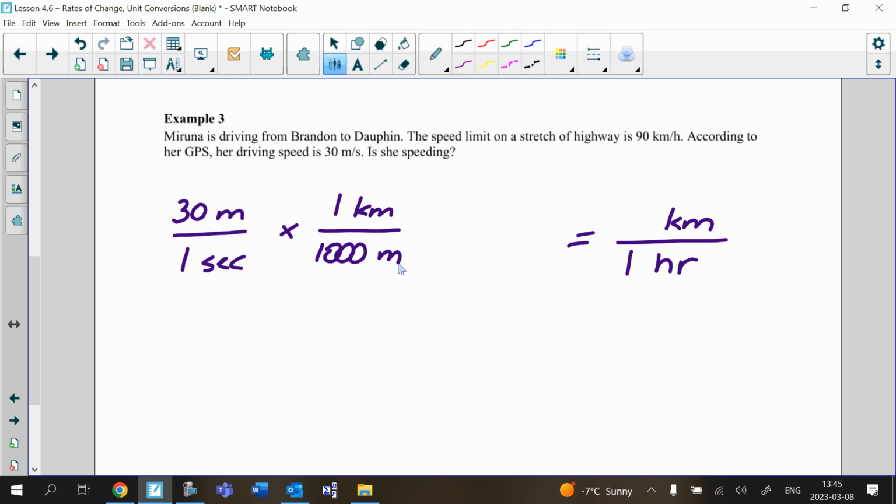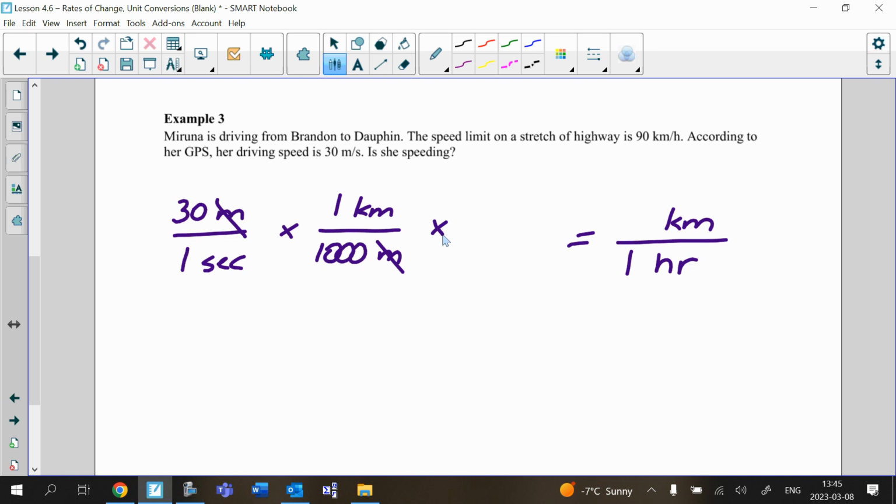Multiply by what you want to cancel up top this time, right? How many seconds, this is a little bit trickier. How many seconds in an hour? How many seconds in a minute? 60. How many minutes in an hour?